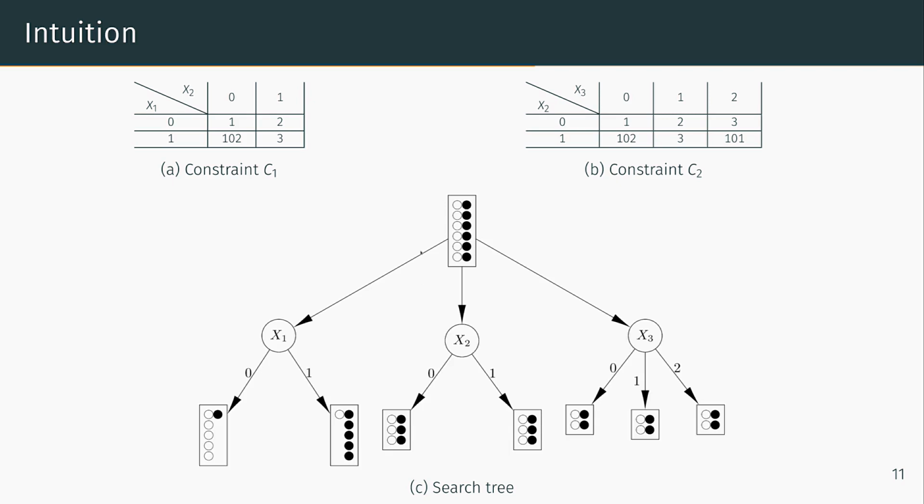But if we assign the first variable with a value, we would lead to different situations. For x1 equals 0, we would be in a situation where there are 5 possible low weight assignments and 1 possible high weight assignment. For x1 equals 1, there will be only 1 possible low weight assignment and 5 possible high weight assignments.